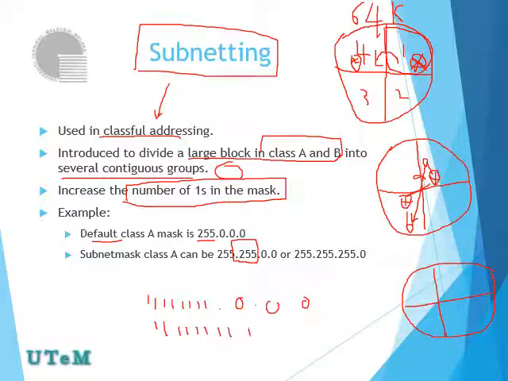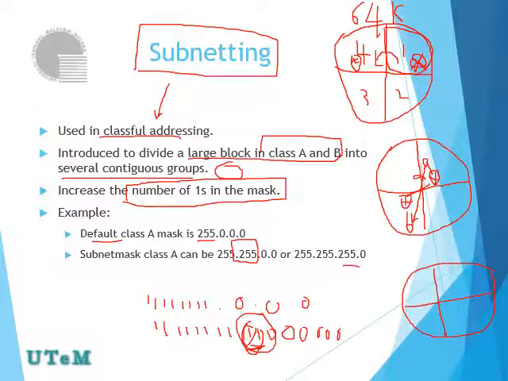For example, you increase the number of 1s over here. You can increase 1, you increase 2, you increase 3. It depends on how many subnets you want to create from a single network.